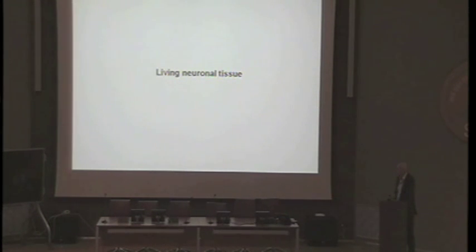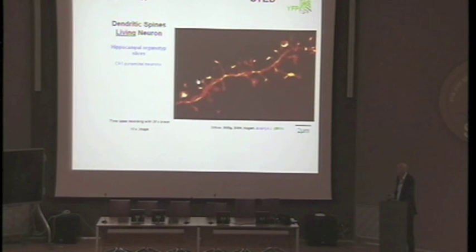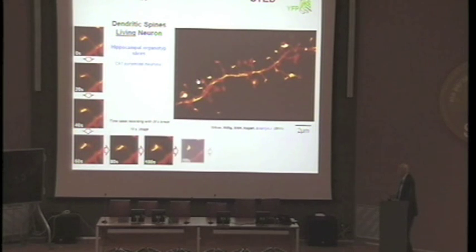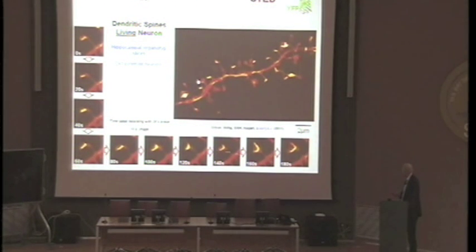Living neuronal tissue. So this is taken out of a slice, a hippocampal organotypic slice, and you can follow the movement over time. These are time-lapse recordings with 20-second breaks. You see how this cup is changing, is forming, after 180 seconds. So you see slight morphological changes going on.